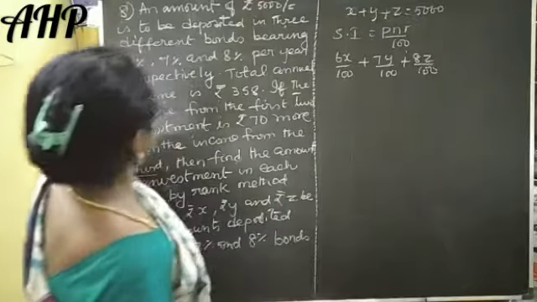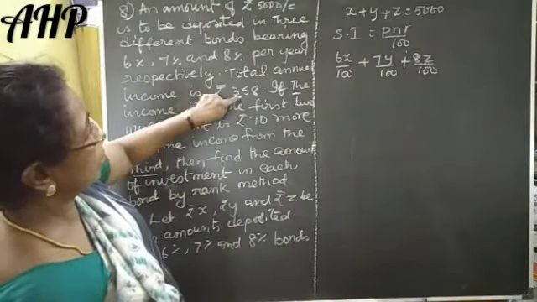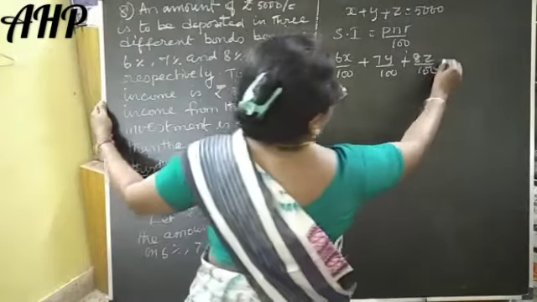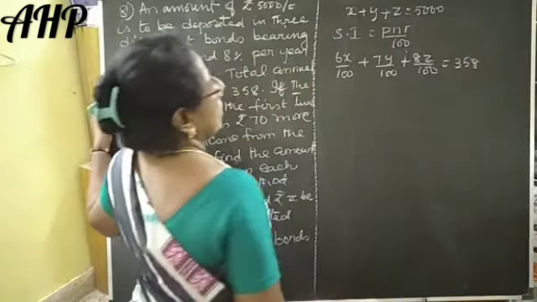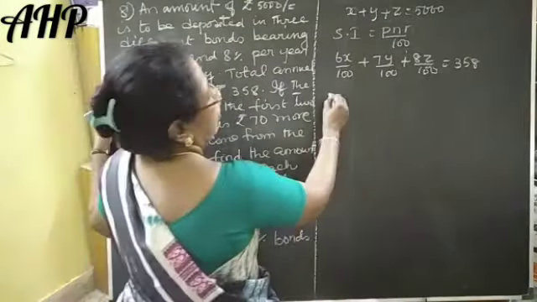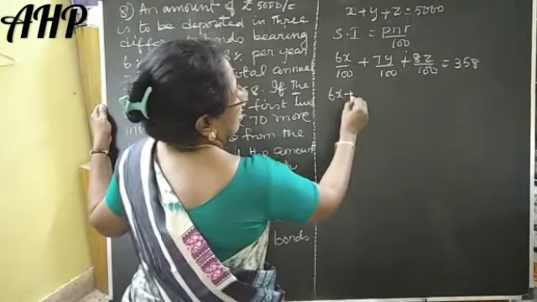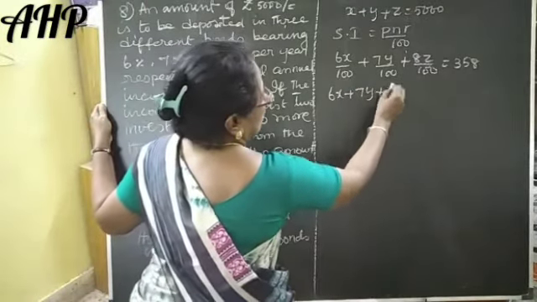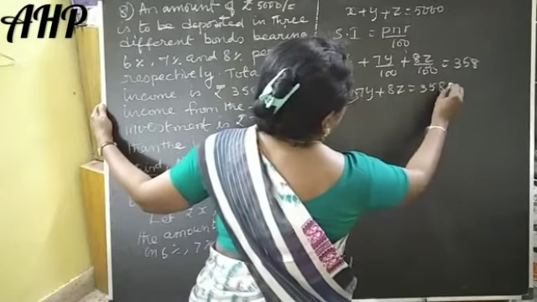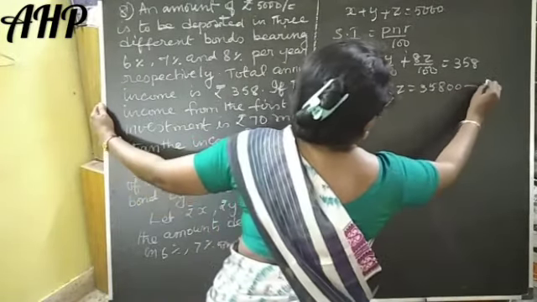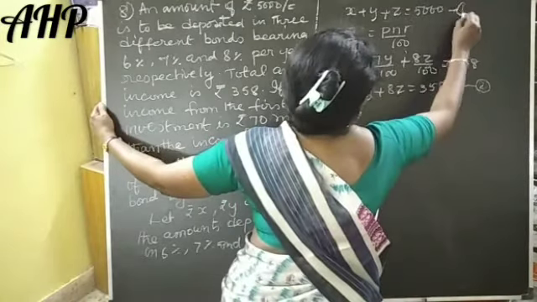So this total interest is equal to 358. Taking LCM, we get 6x plus 7y plus 8z is equal to 35800. So this is your second equation and this is your first equation.